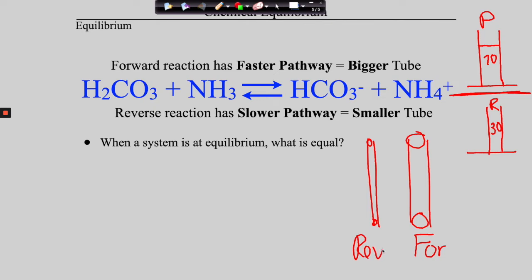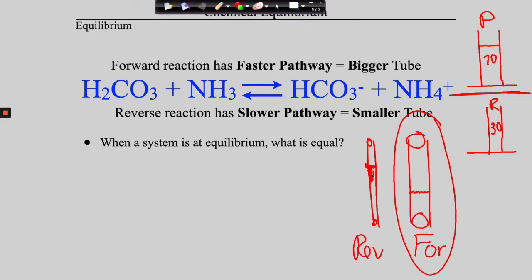And so what we said was that when this thing reaches equilibrium, we had a small concentration of reactants, but that was going through a larger tube, a faster pathway. Then in our reverse reaction, we had a deeper puddle. We had 70 milliliters of product, so we had a larger concentration, but that was moving through a slower pathway.